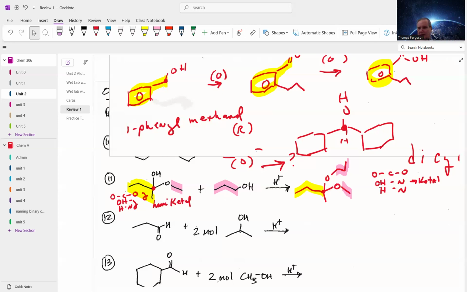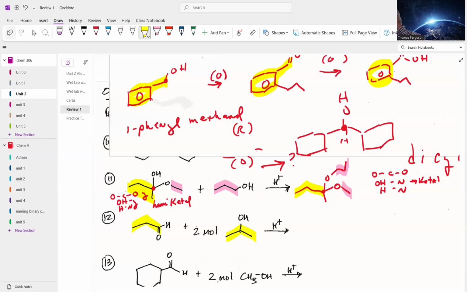What do we get? Okay, we start with an aldehyde. So that means we can either get some kind of an acetal. It's either going to be a hemiacetal or a full-blown acetal. Okay, the first one. So it's a 3-carbon aldehyde. And we're adding to that a 3-carbon alcohol.